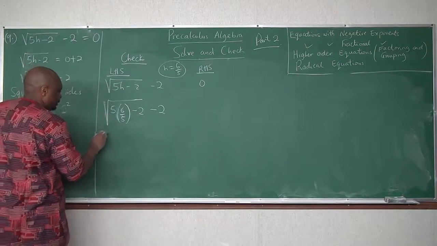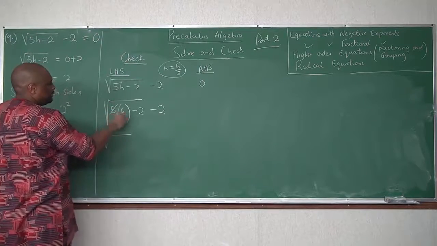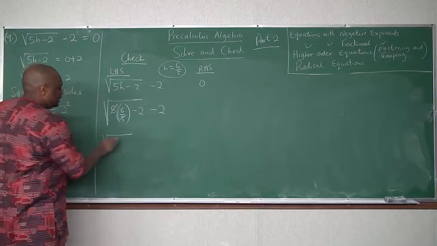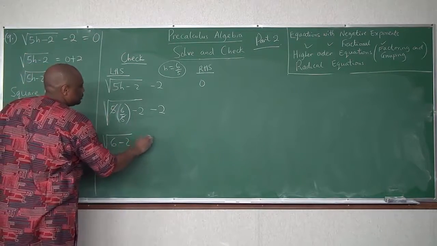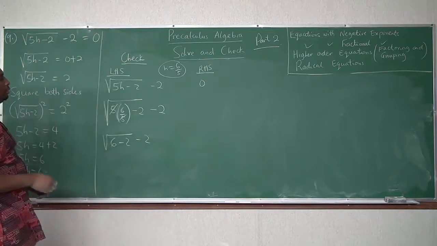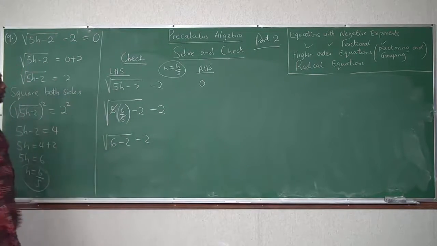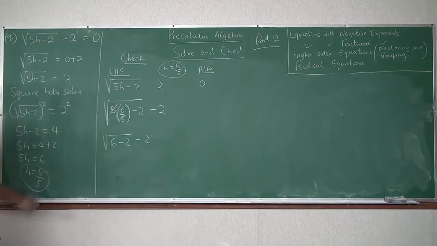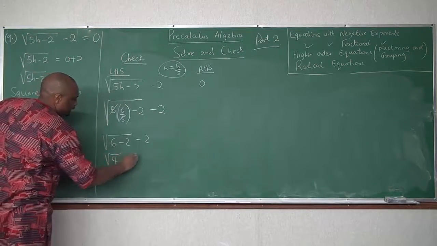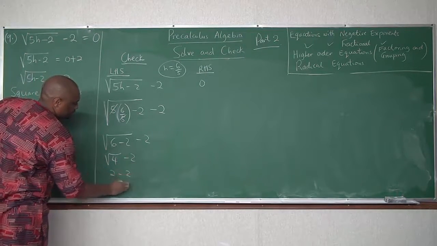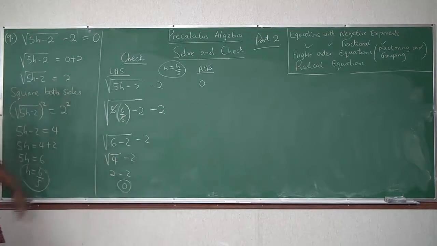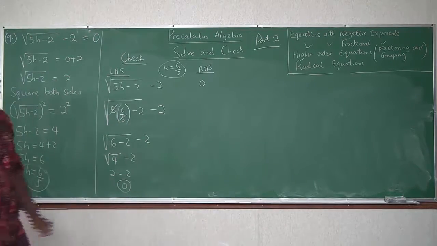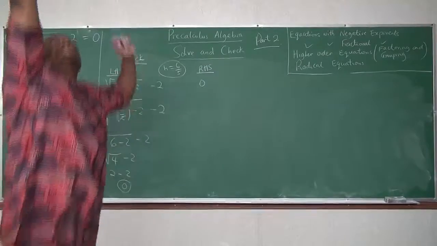So this will be square root of 5 into 5, that's gone. 6 minus 2 minus 2. So this is square root of 4 minus 2, which is 2 minus 2, which is 0. 0 on your left, 0 on your right. You can jump up and touch the ceiling.